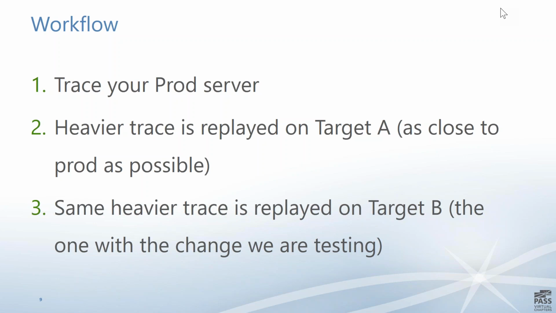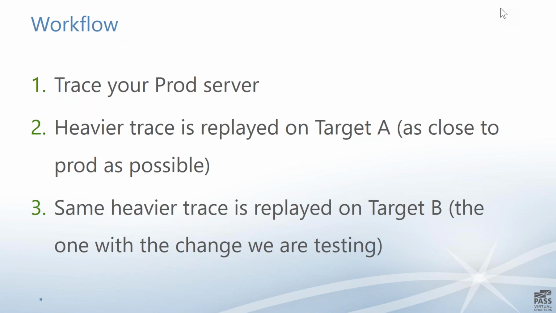So let's say I have prod server A, it's a SQL Server 2012, and I'm going to upgrade to SQL 2017. So I trace server A, SQL 2012, then I replay that trace, which is going to be a heavier one, on another SQL 2012, but this time it's a development one, so the trace can be heavier, and that's okay.